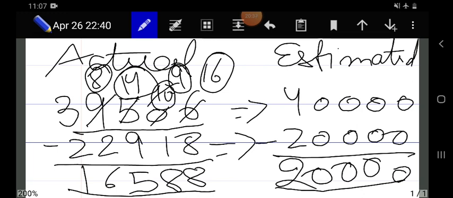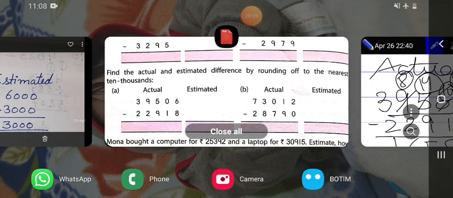So the estimated difference is 20,000 and the actual difference is 16,588. This is how we do sum number 2 of exercise 4.4.